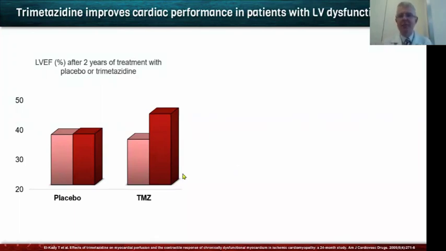This is data published a couple of years ago in patients with angina and LV dysfunction, in whom, when you add trimetazidine compared to placebo, meaning optimal medical therapy without trimetazidine, you will increase by 23% the LV ejection fraction in those patients.